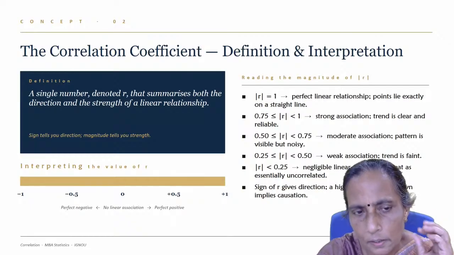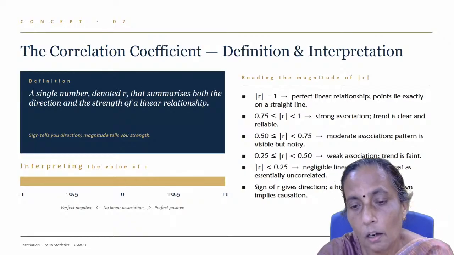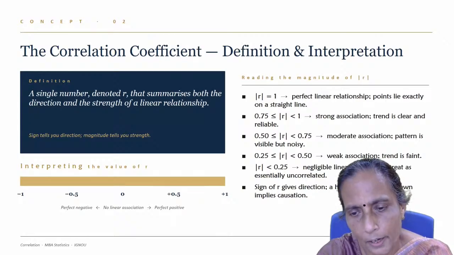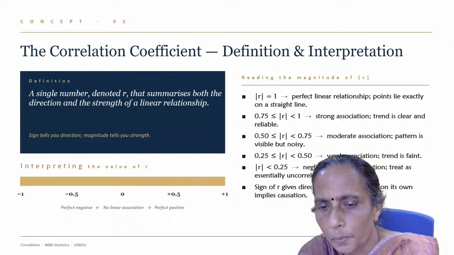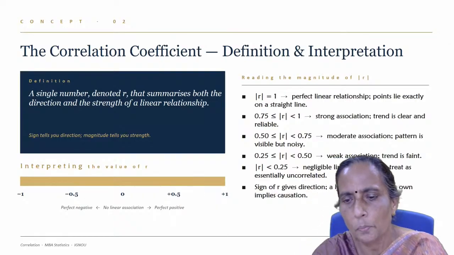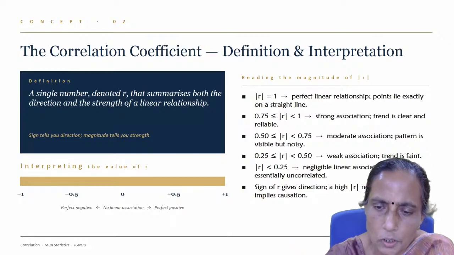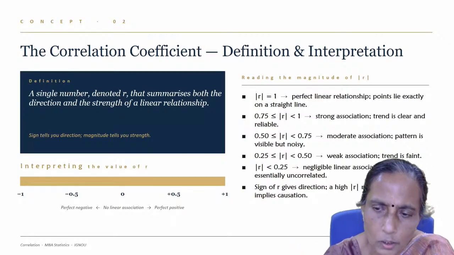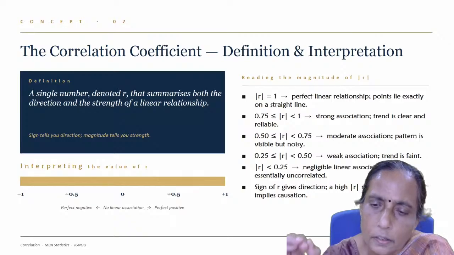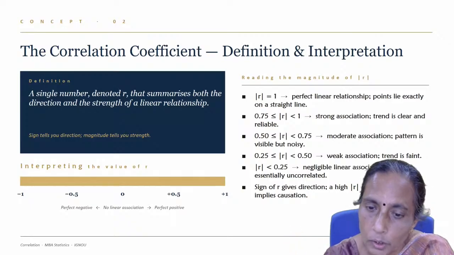It is treated as essentially uncorrelated. For the variables for which the coefficient of correlation is less than 0.25, you may say the association between them is not that significant and they are mostly uncorrelated.